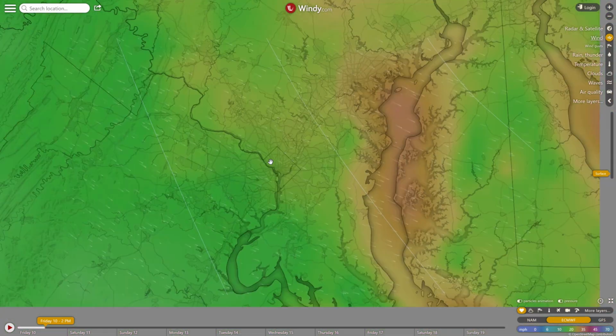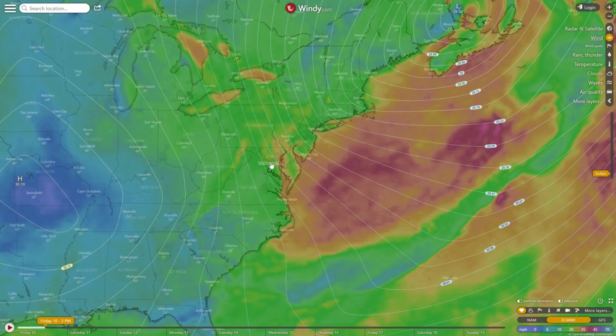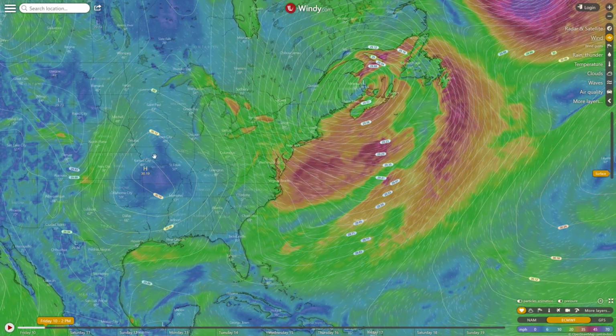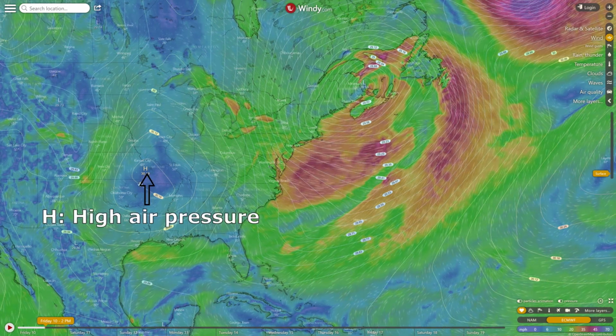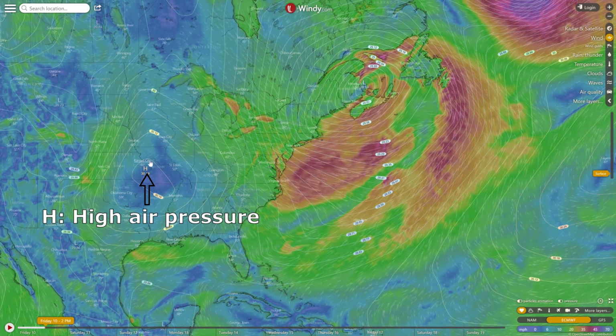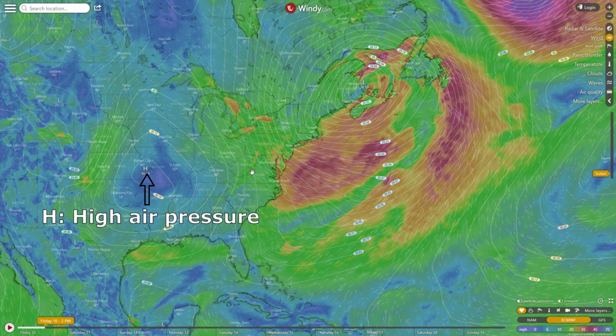Zooming out, we can see more of our wind's journey. It begins in this area of high air pressure over Missouri. And if we follow the white lines, we can see how they travel eastward.